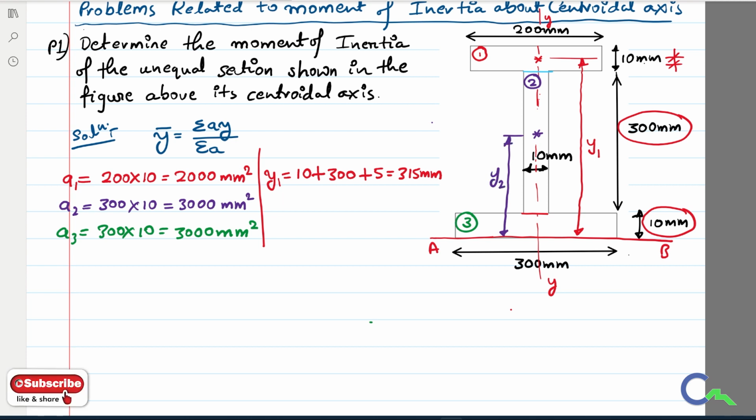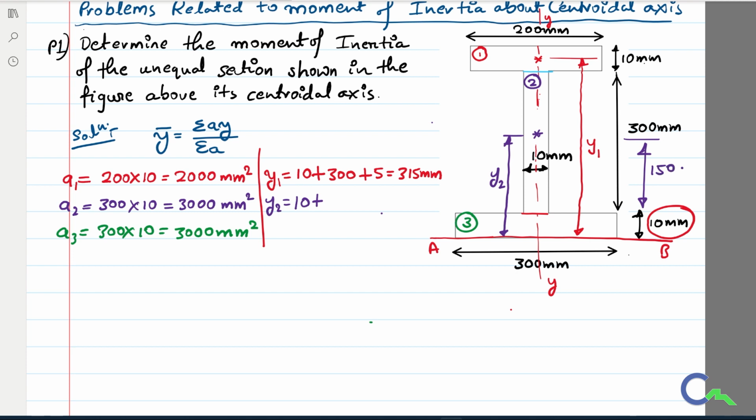To find y2, it is 10 mm plus half of 300 mm, that is D by 2, that is nothing but 150. Therefore, totally it is 160 mm. So that is the y2 value.